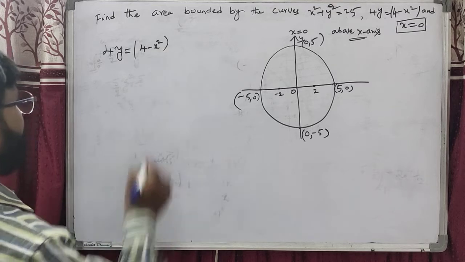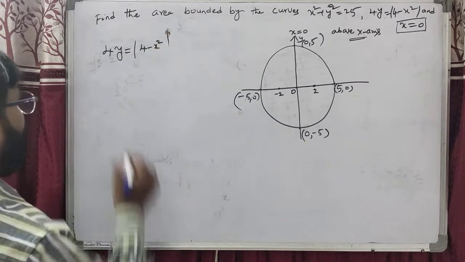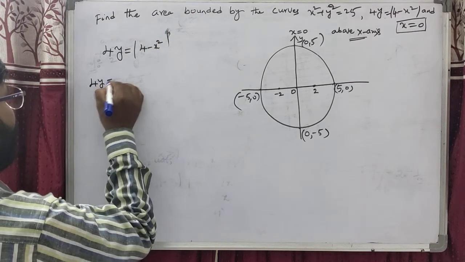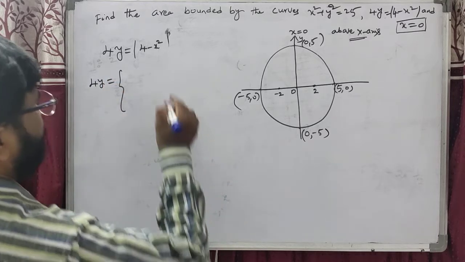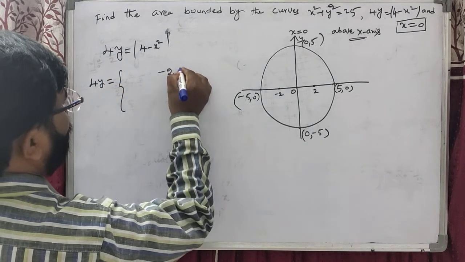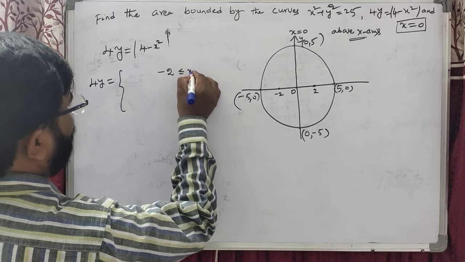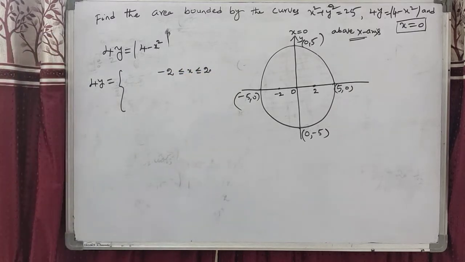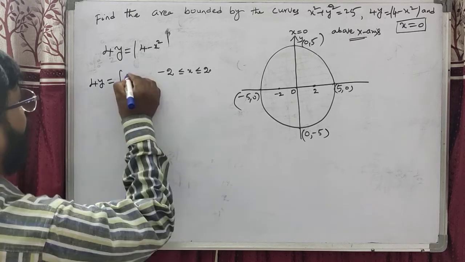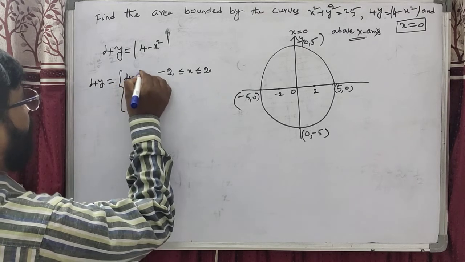Okay students, modulus of 4 minus x square. Dear students, now we can write, when minus 2 is less than or equal to x less than or equal to 2, this is 4 minus x square, which is positive.